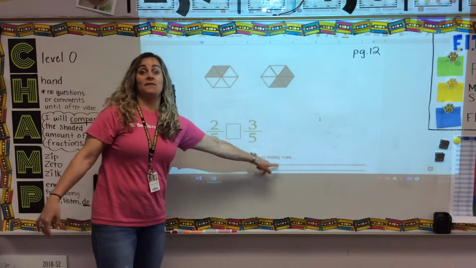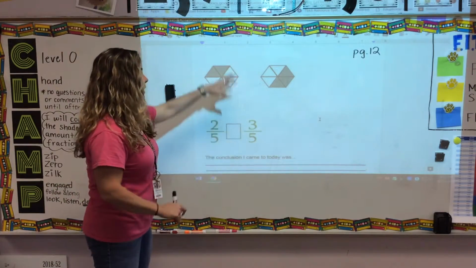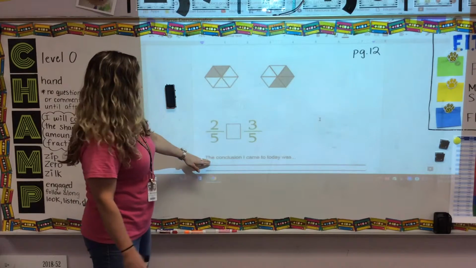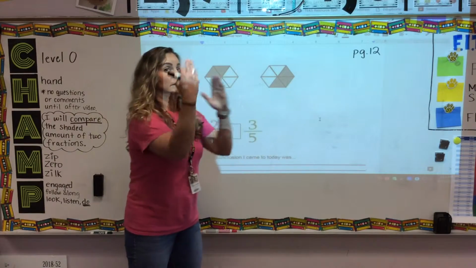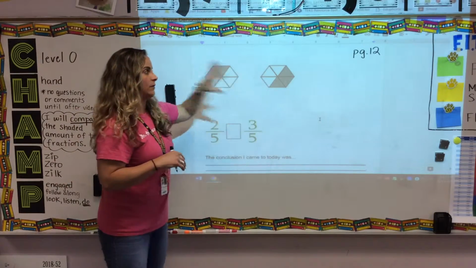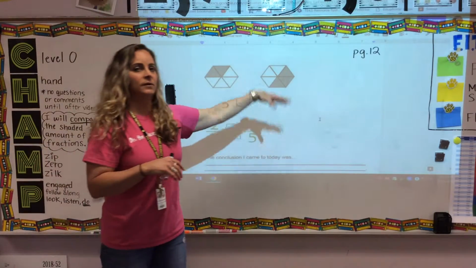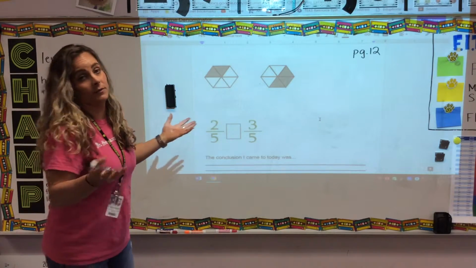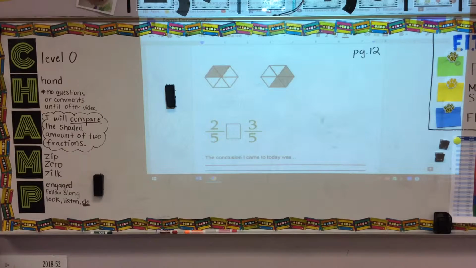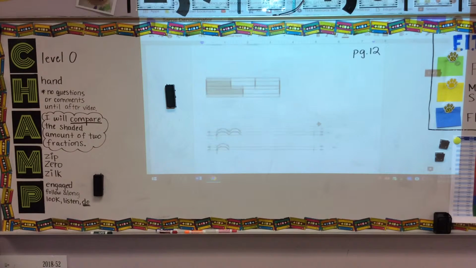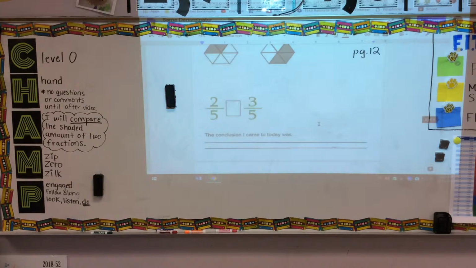I even wrote half the sentence for you. I want to know what you got from today. So the conclusion I came to today was, what did you figure out about these fraction models? I guess comparing them, okay? So finish out page 12, this one, and 13.